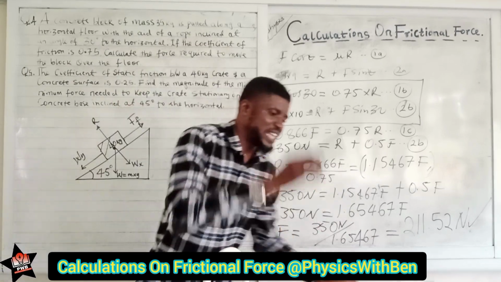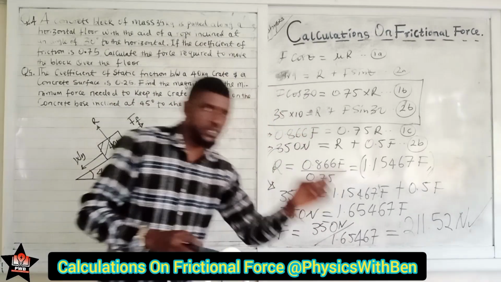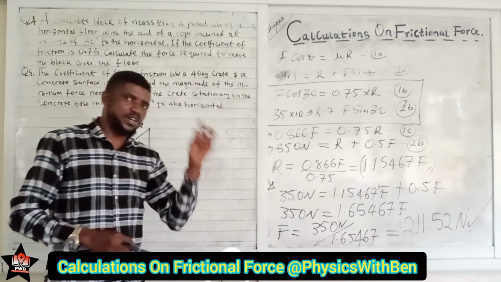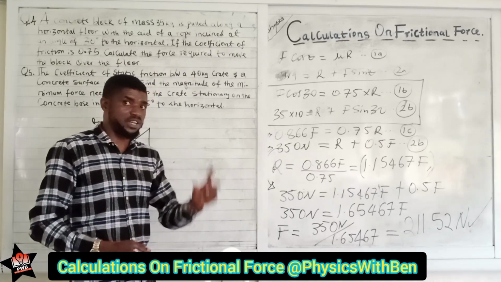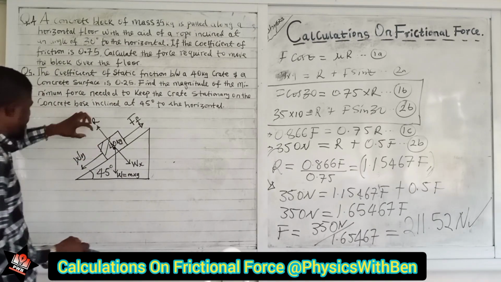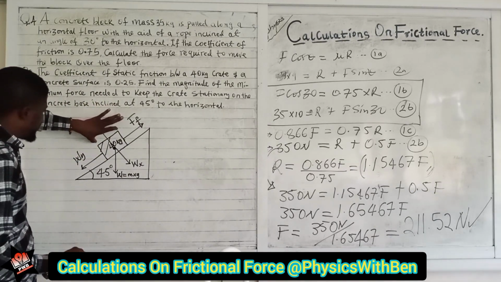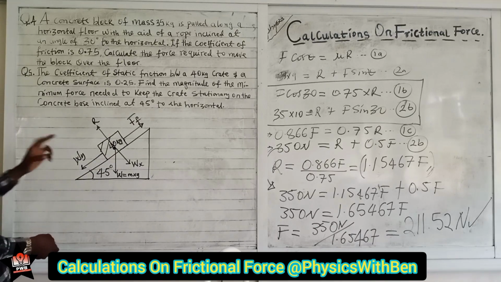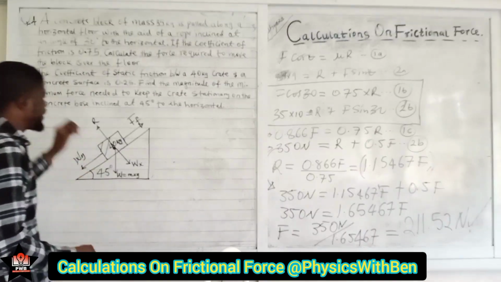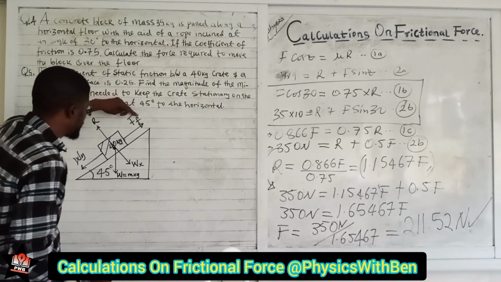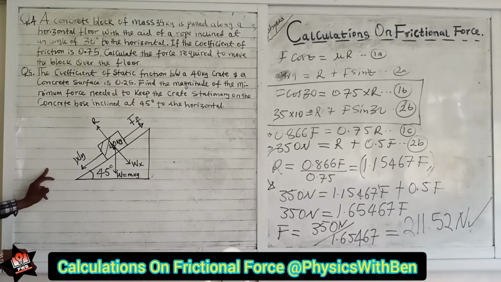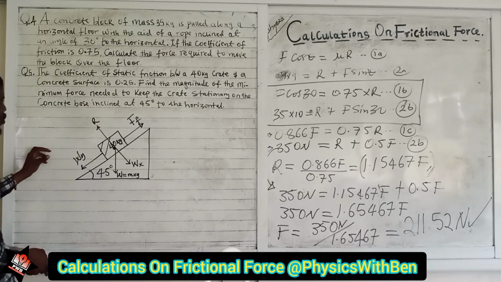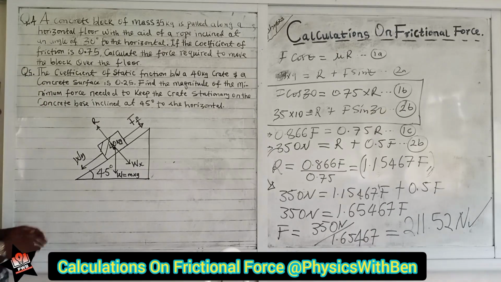A body can only start moving when one force overcomes the other, when the pull force overcomes the frictional force. So if this crate must be kept stationary on this platform, it means the surface is rough, and the frictional force is equal to the component of the weight of this block along the incline.